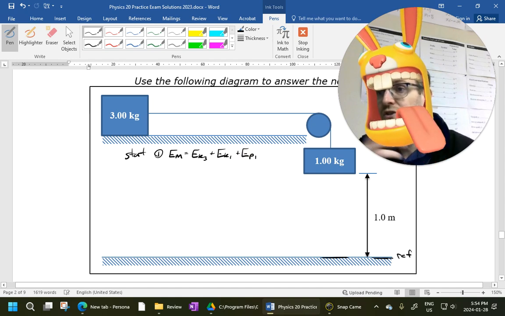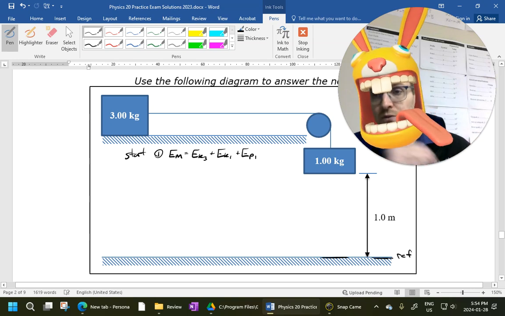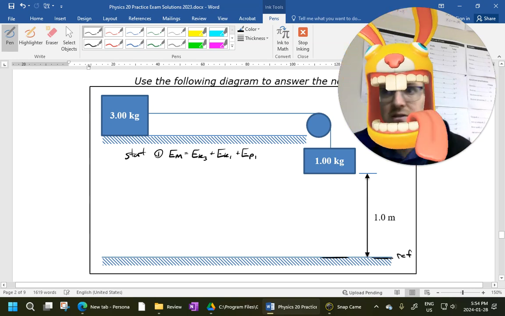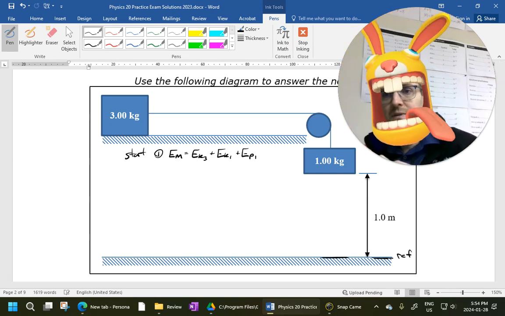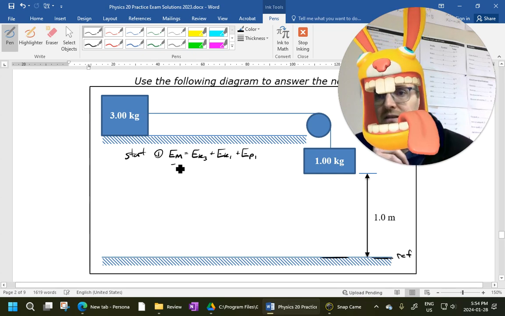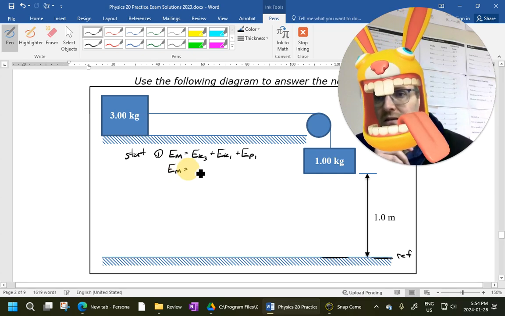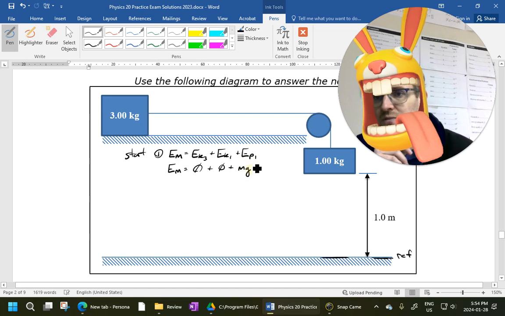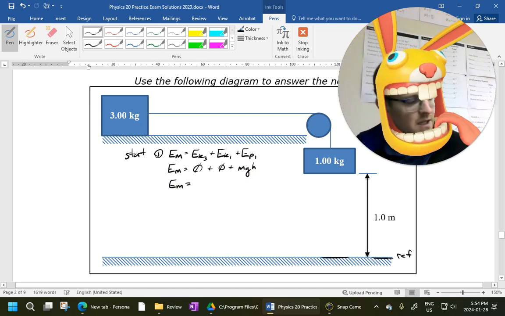Now, the reason I'm not concerned about the EP of the 3 kilogram one is because it's not going to change. It's going to slide across, so the EP is not going to change, but its EK is going to change. All right? So at the beginning here, this one's 0, it's not moving. This one's 0, it's not moving. So all I have is this mgh of the 1 kilogram block.